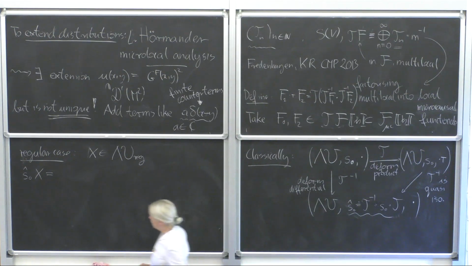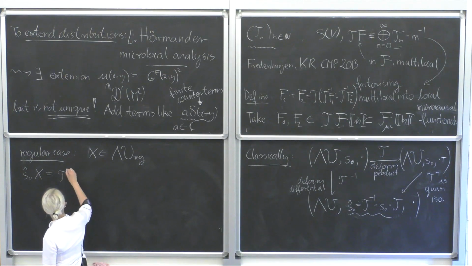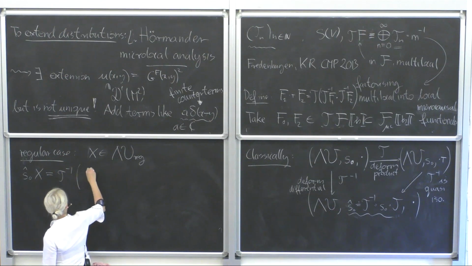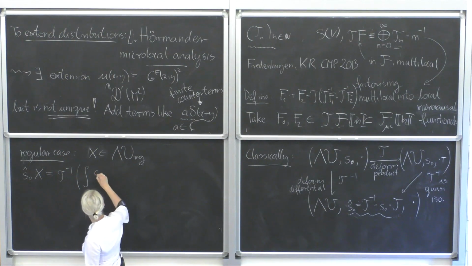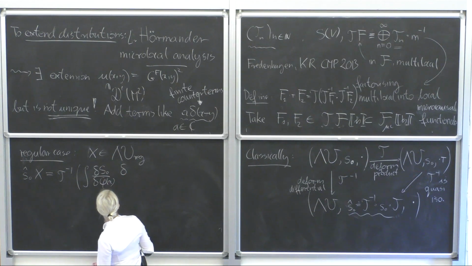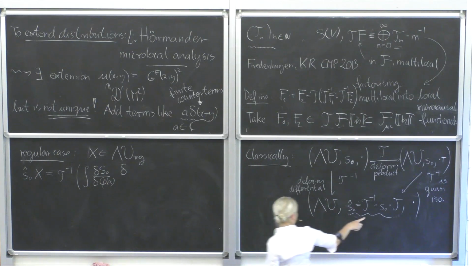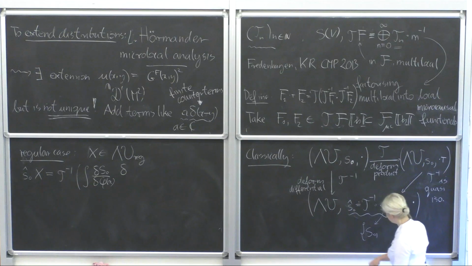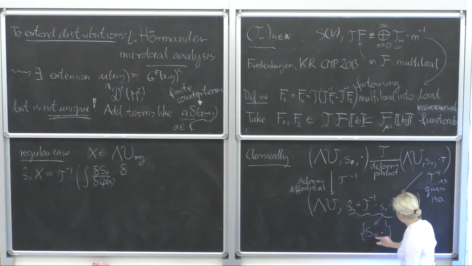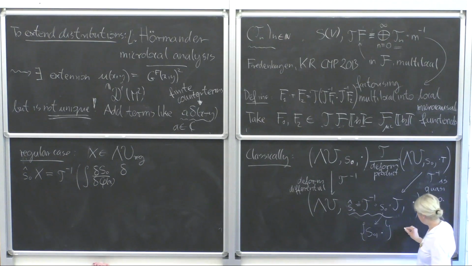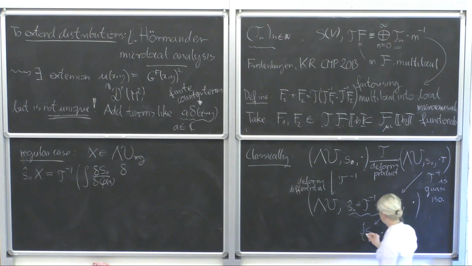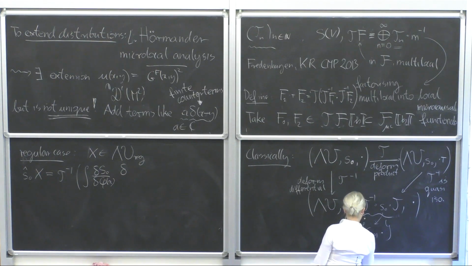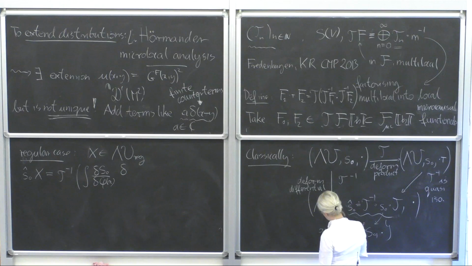So T minus 1, and here I have S0 over d phi of X. The S0 here I'm writing as the bracket with the quadratic part. So this S0 here is quadratic.